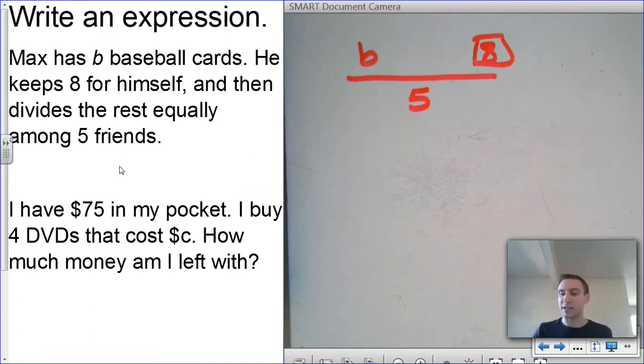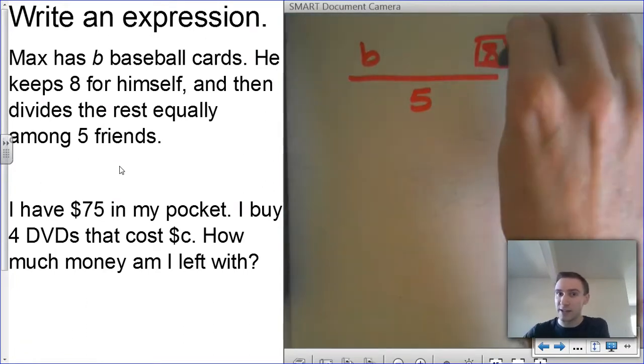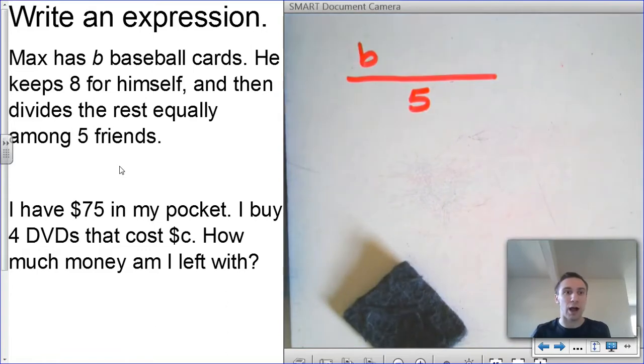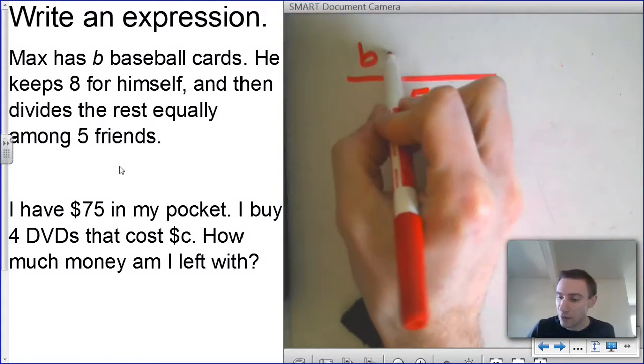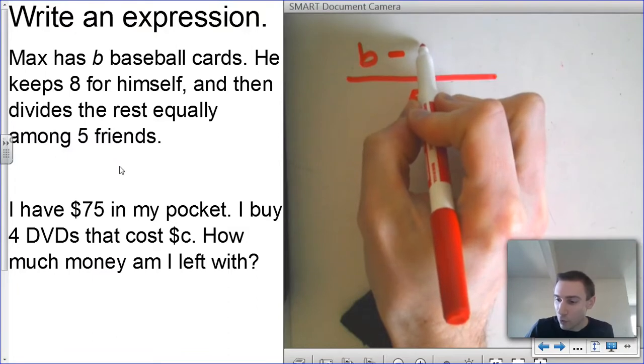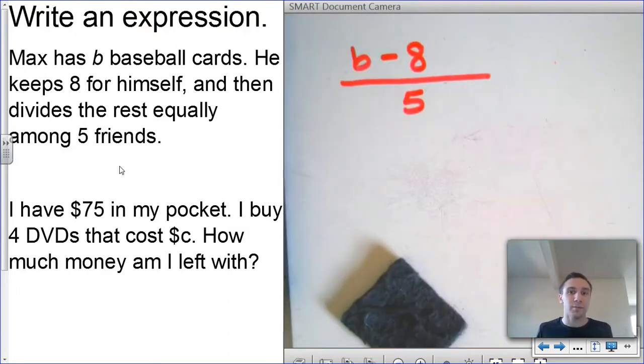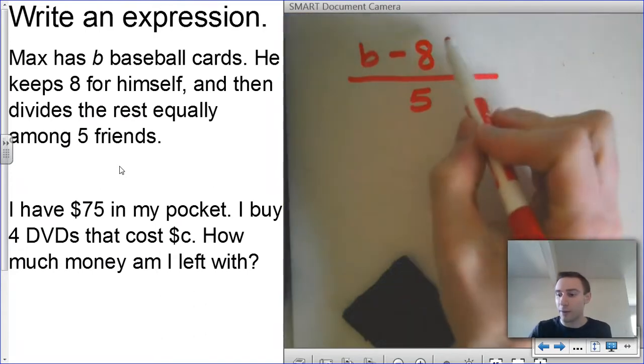So he's going to take his entire collection, which is B baseball cards, and take 8 away. What operation is going to allow Max to take away 8 cards? Absolutely, that operation is going to be subtraction. So if Max does B minus 8 and then divides that by 5, we're going to find out exactly how many cards he gave away.